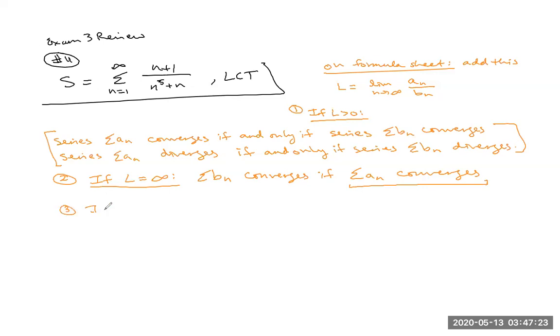Third condition, if L is equal to 0, series a sub n converges if series b sub n converges. So you'd have to check series b sub n first in order to find out anything about series a sub n. Just some added detail for you that you can add because your formula sheet doesn't give that much detail about it.